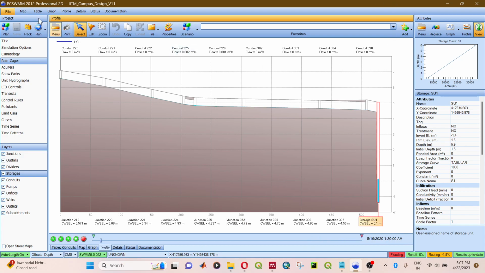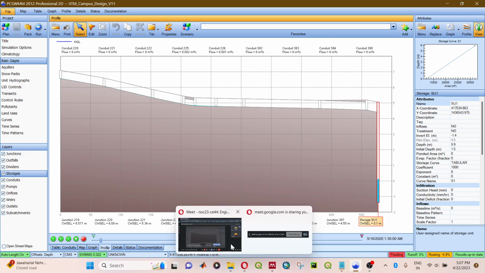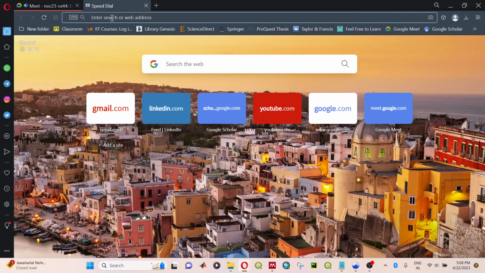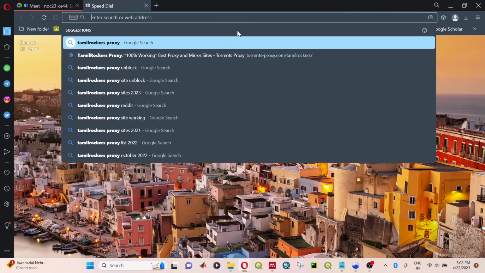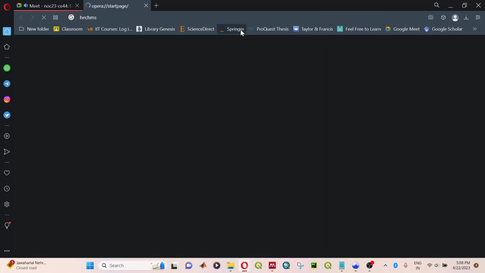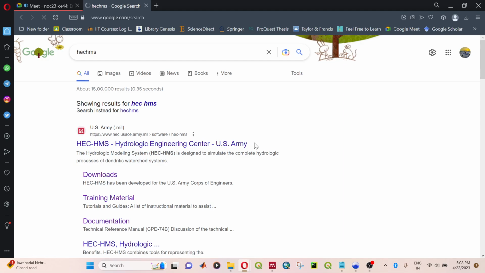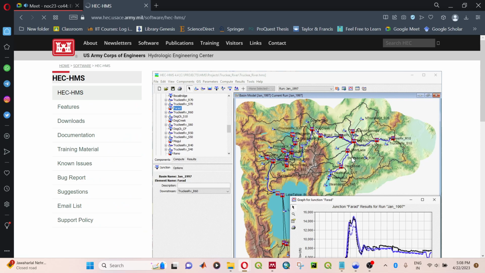These are some of the practical applications, and we have one more software called HEC-HMS.